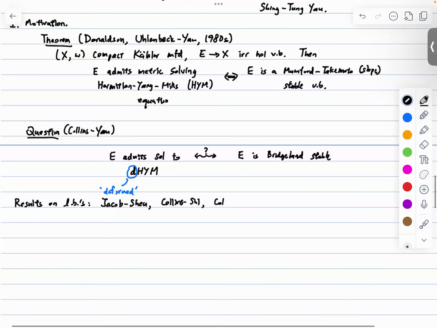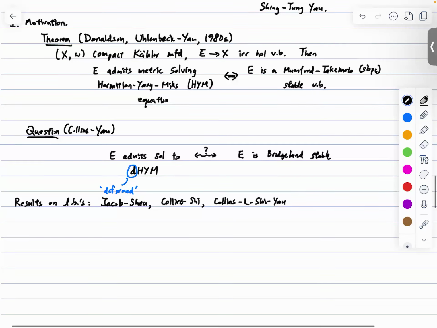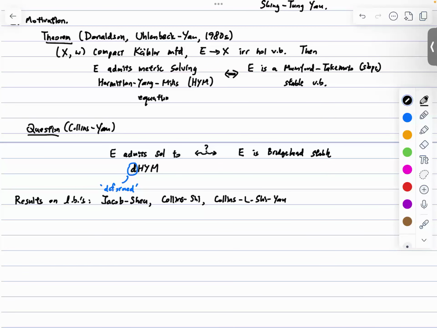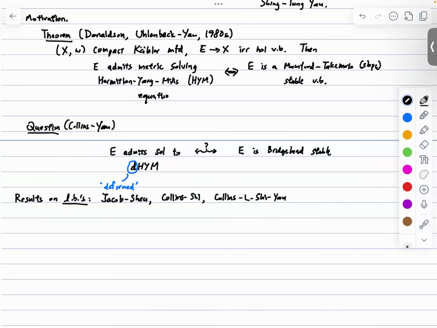And later, together with Collins, Shi, and Yau, we also obtained some results on elliptic surfaces. But these are results for line bundles. So when E has rank 1, and much less is known for higher rank bundles.